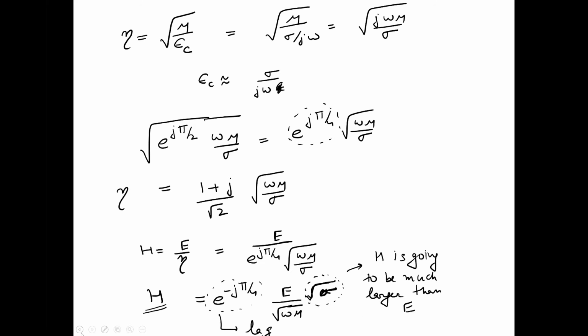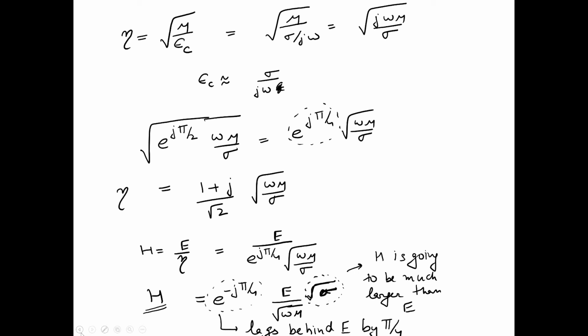When E is at its maximum, let's say I'm using the sine form, sine 90 is maximum, H is only at 45 degrees. H is only 1 by square root of 2 at that point. When E at maximum is decreasing, H is still increasing towards its maximum value. So the two hands which I have are not in sync with each other.